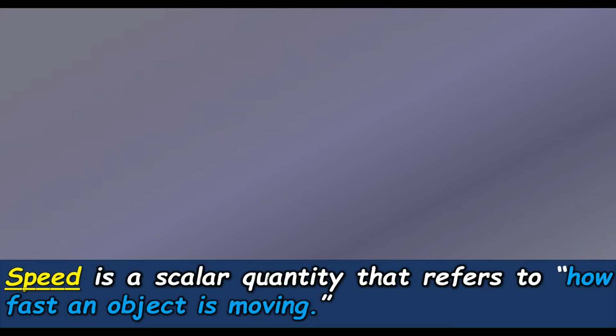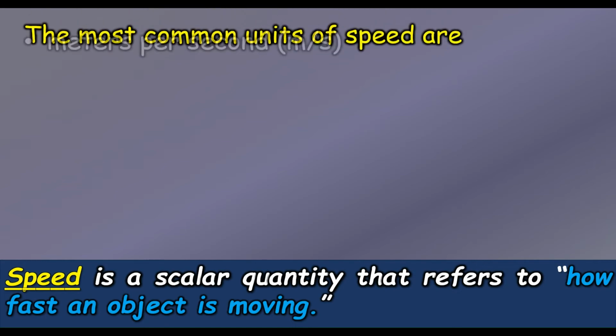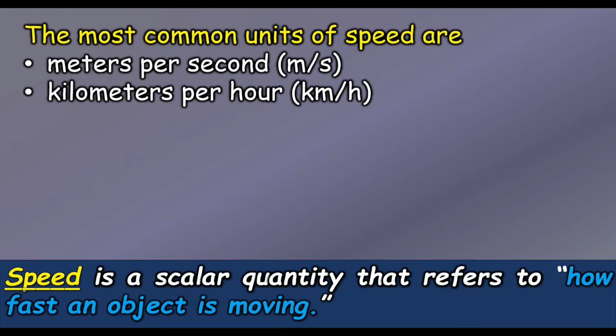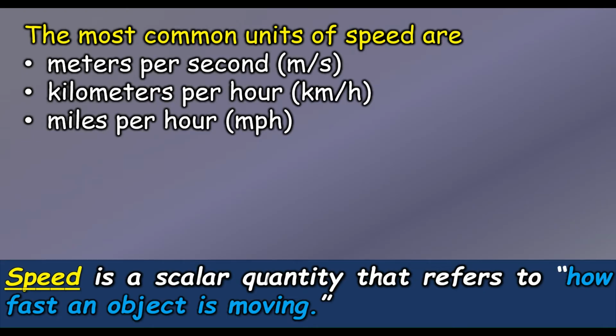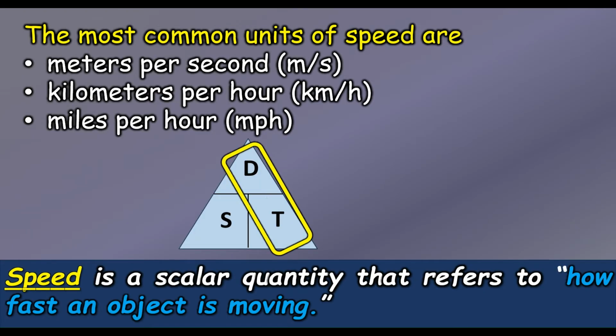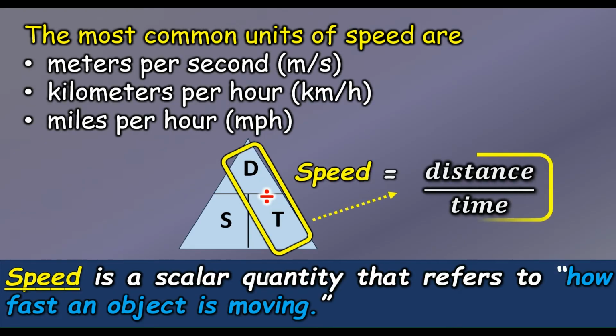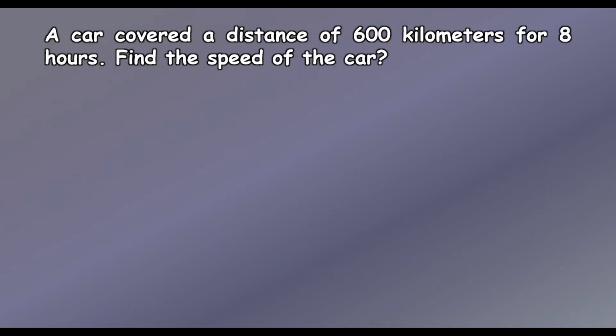Speed can be thought of as the rate at which an object covers distance. In the system international, the most common units of speed are meters per second, kilometers per hour, and miles per hour. We have here the equation to solve for the speed, speed equals distance divided by time.